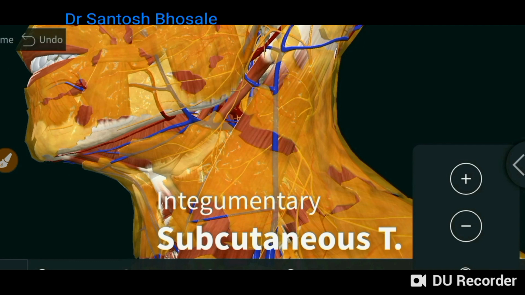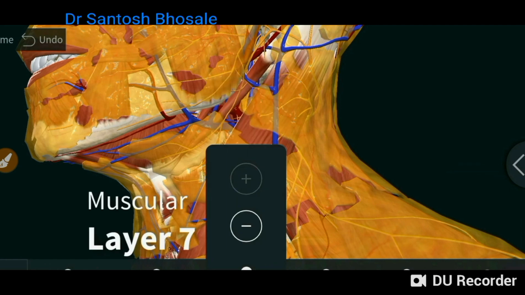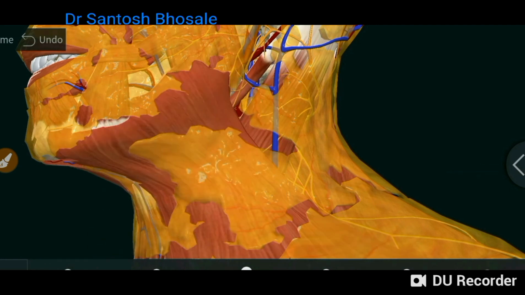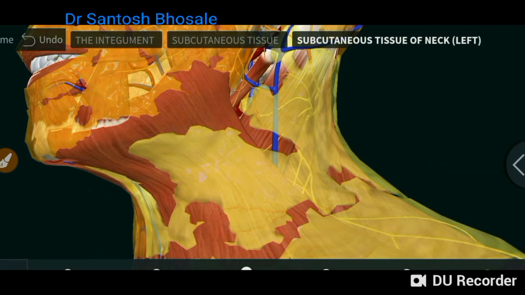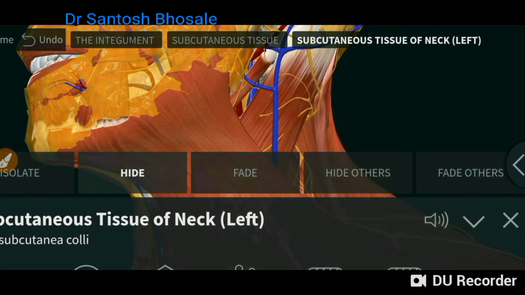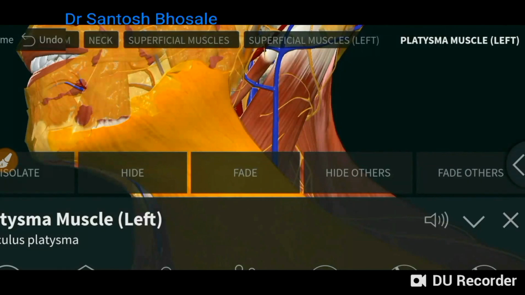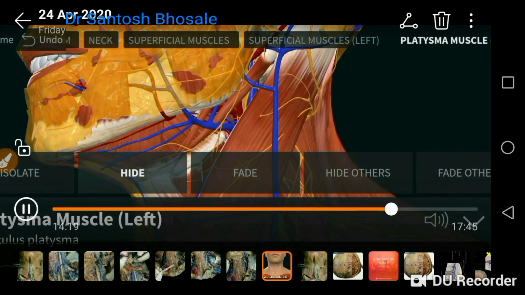You can see there, skin, superficial fascia, transversocervical nerve, tributaries of external jugular vein containing the platysma. Platysma is a facial muscle, subcutaneous muscle, and is supported by cervical branch of facial nerve. It takes origin from the pectoral fascia and deltoid fascia, runs upwards and forwards towards the lower border of the mandible.